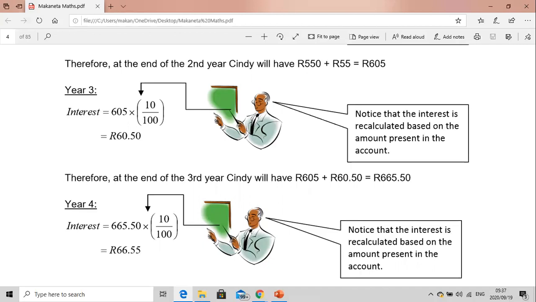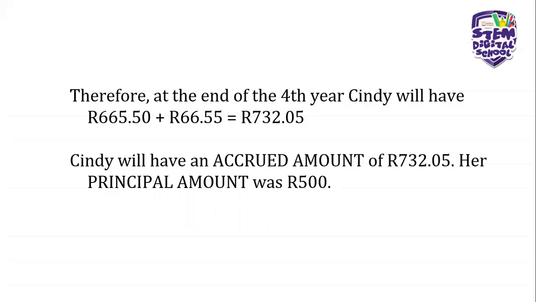So what is important here is to make sure that we calculate it in such a way that we will be able to look at the remaining amount and the final value of the investment after a period of 4 years will go to 732 rands and 5 cents.